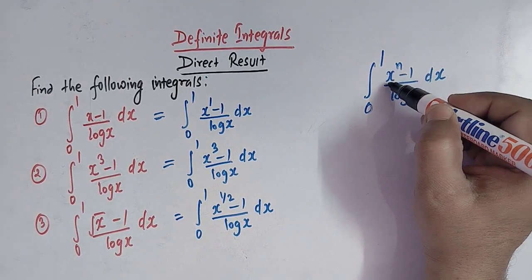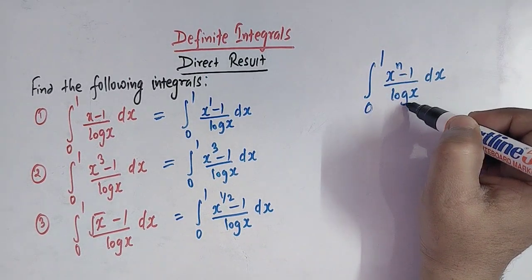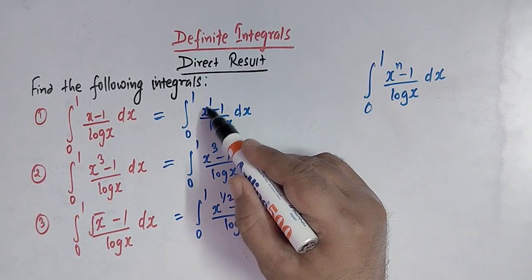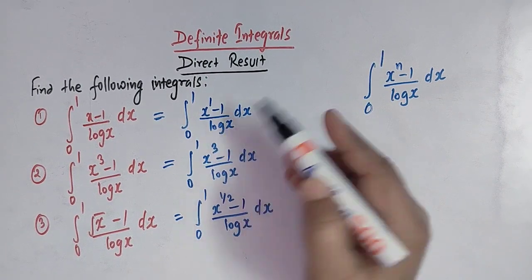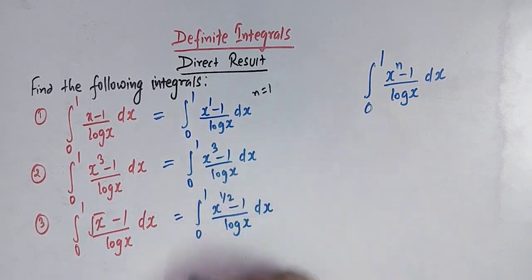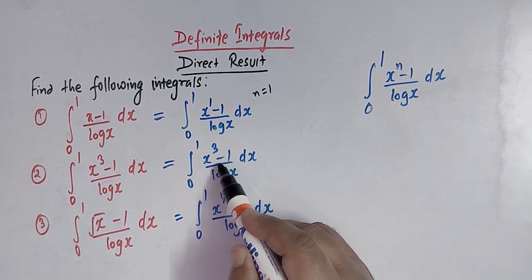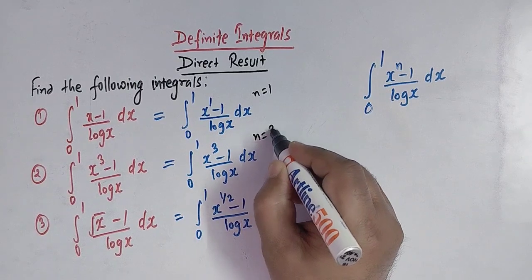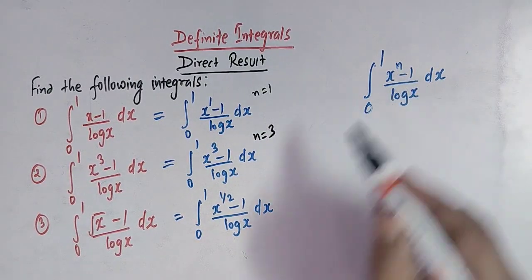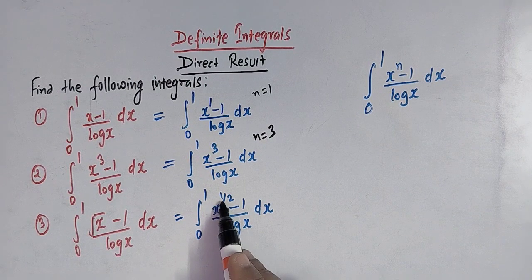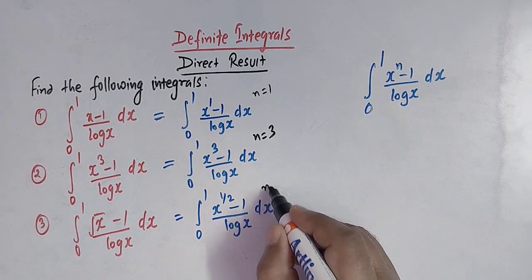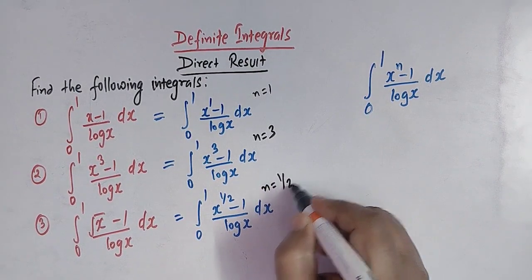See, here we have x raised to n minus 1 over log x. In the first integral we have x raised to 1 minus 1 divided by log x, so n is equal to 1. In the second integral, we have x cubed minus 1, so here n is equal to 3. And here we have x raised to half minus 1, so here n is half.